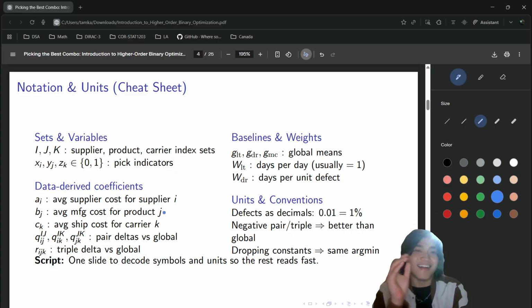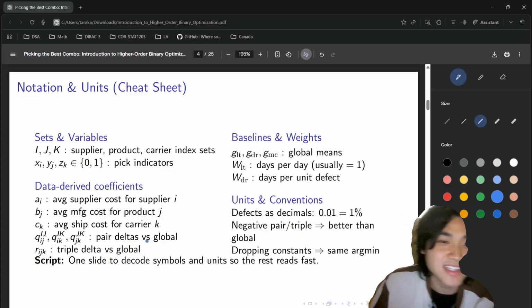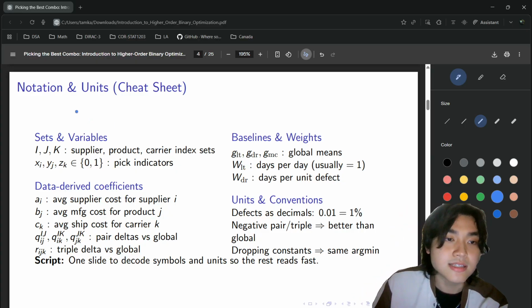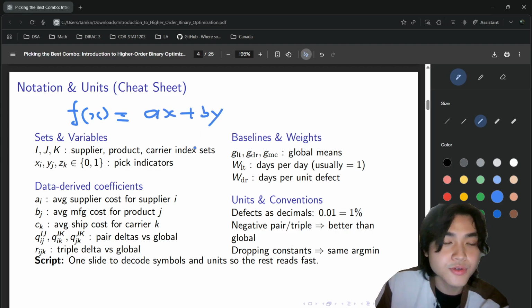Now I need to share more on the notations and the units, which can be quite complicated. Generally, this is the objective function.